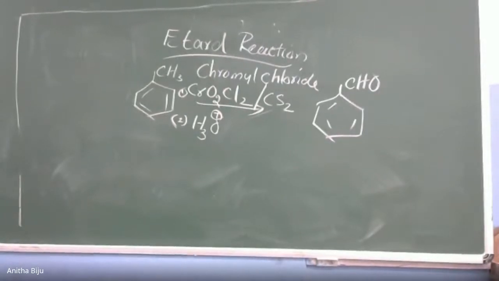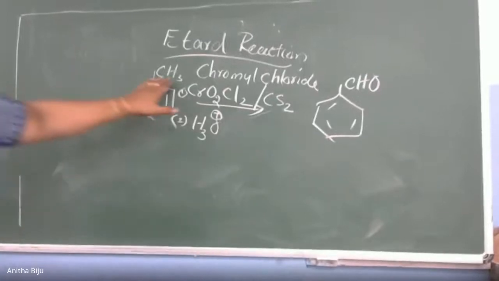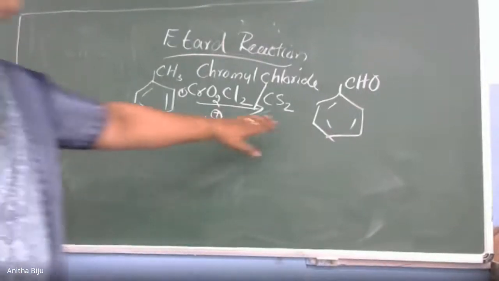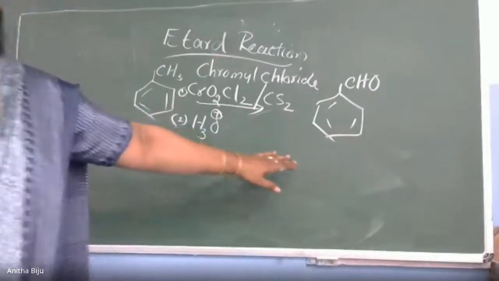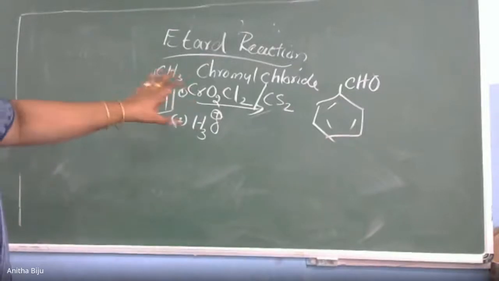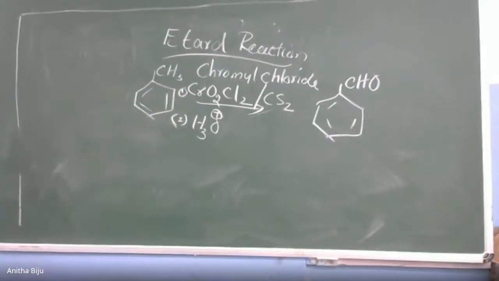Whatever be the length of the side chain, whatever be the length means what? Suppose instead of methyl, we have ethyl, propyl, butyl, whatever be the length, we will get a single product, what? Benzaldehyde. So this reaction is highly significant for the preparation of benzaldehyde.